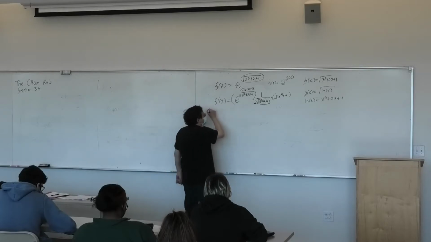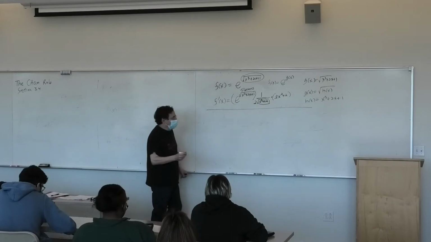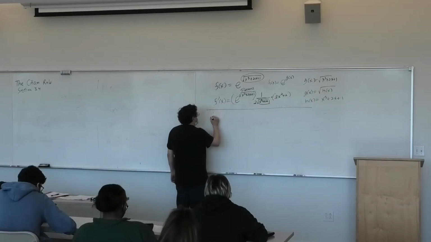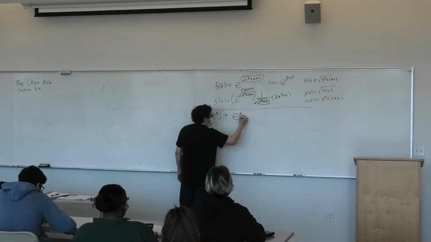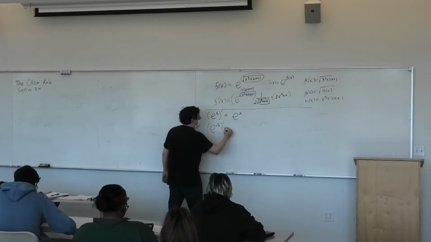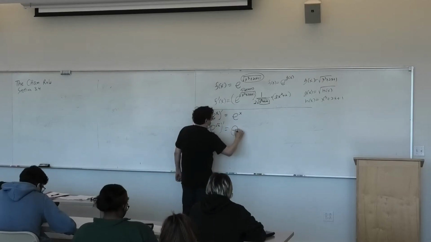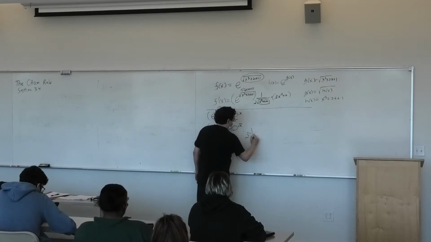Let's do a series of related simpler problems. Derivative of e to the x? Well, that's e to the x. Derivative of e to the square root of x? That's e to the square root of x times the derivative, 1 over 2 square root of x.